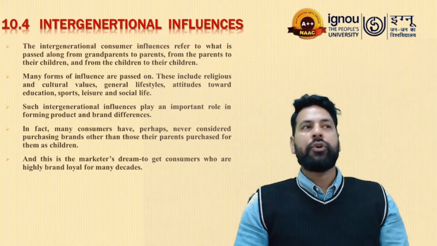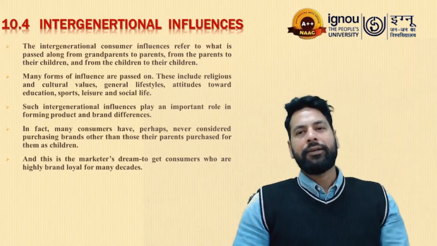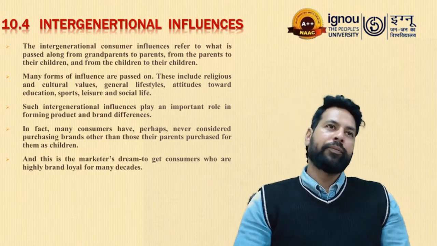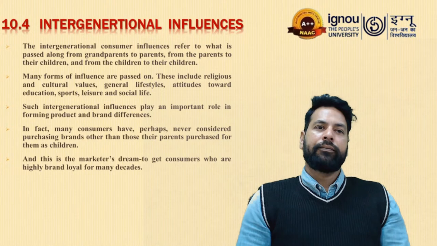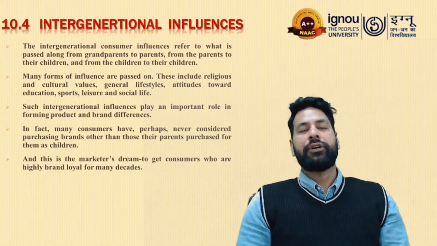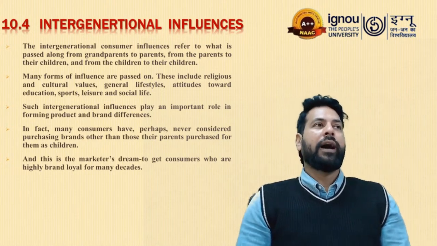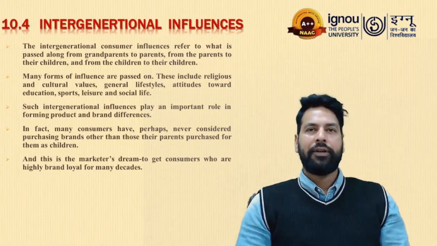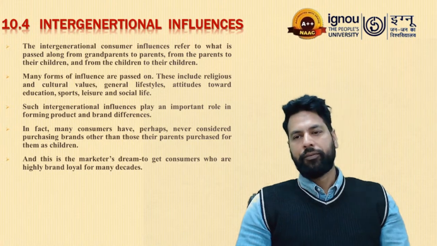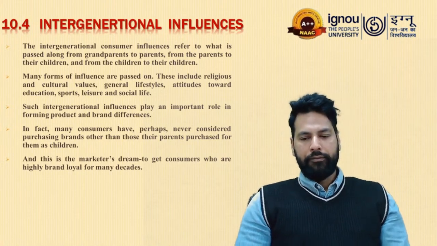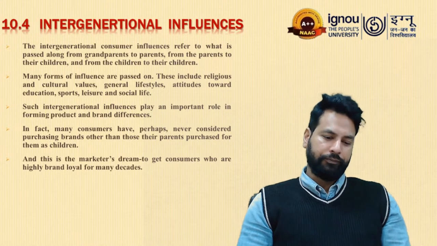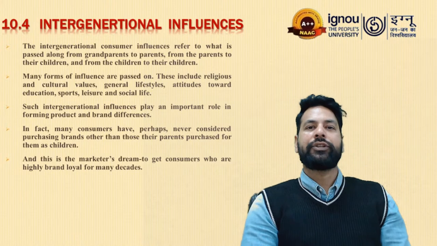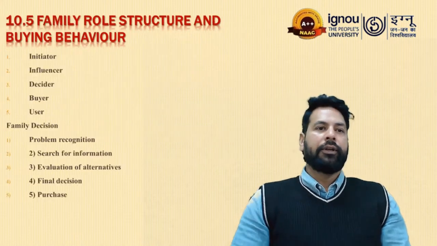I would like to purchase a thing which has been in my home for a long time, maybe with slight modifications here and there. Even people from a different generation, maybe my grandfather or my father, are an influence on an individual. So we spoke about family, consumer socialization, and intergenerational influences. We'll move. Look at this.